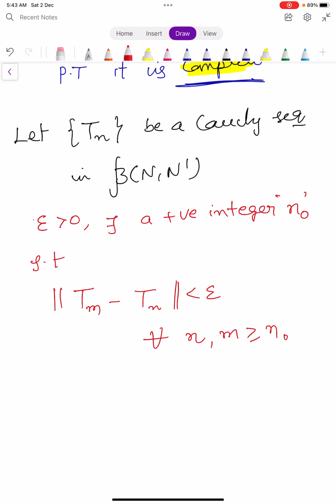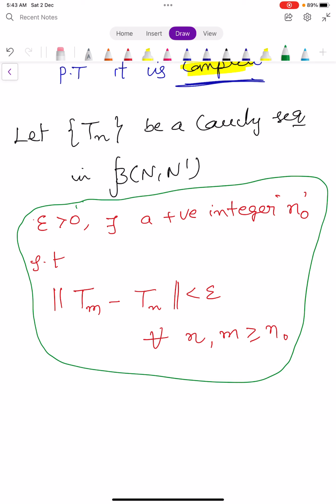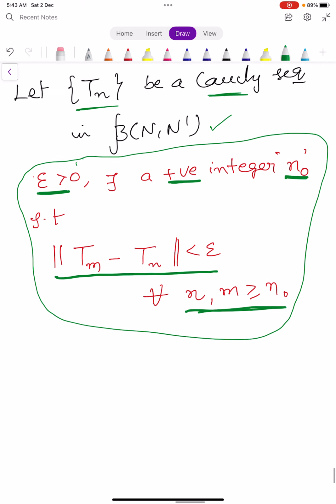This is from the definition of Cauchy sequence. We take a Cauchy sequence Tn in script B of N comma N dash. By the definition of Cauchy sequence, for each epsilon greater than 0, there exists a positive integer n naught such that norm Tm minus Tn is less than epsilon for all n comma m greater than or equal to n naught.